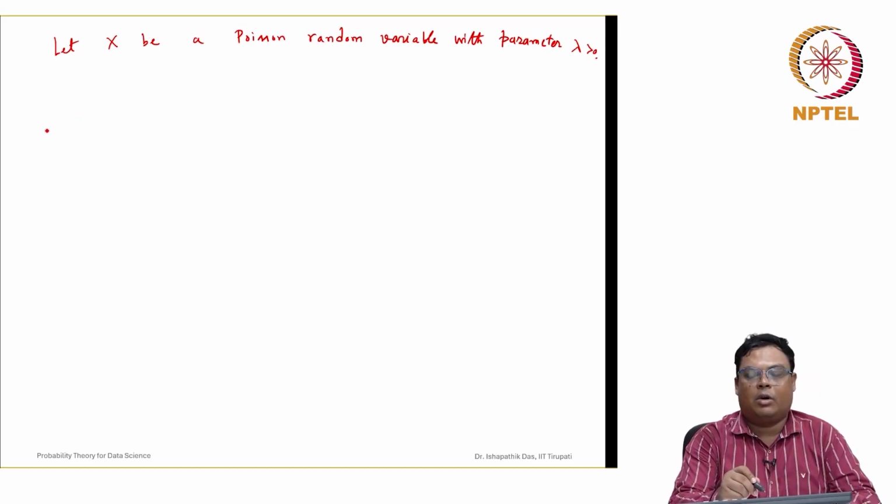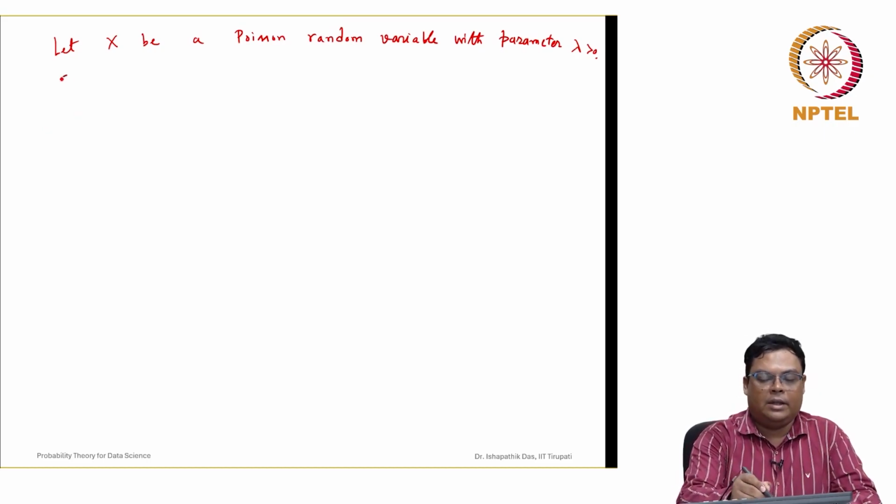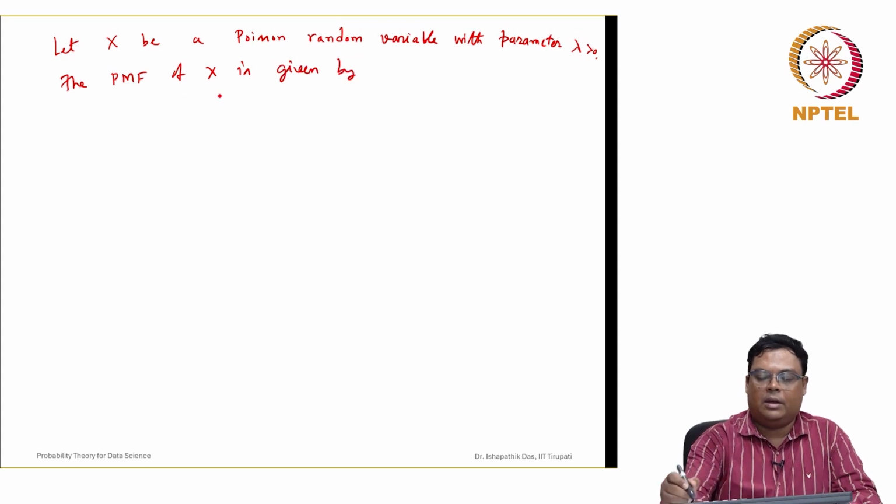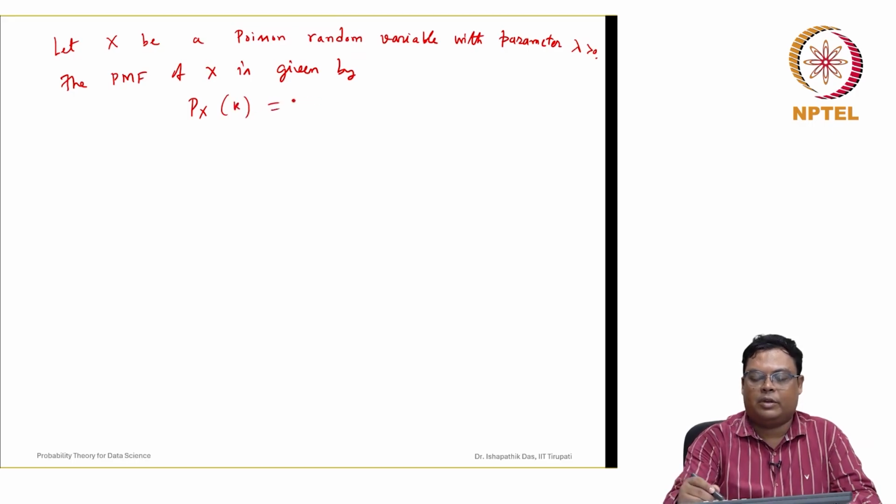The probability mass function of X is given by P_X(k), for simplicity writing only k, because these are all integer values, equal to e to the power of minus lambda times lambda to the power k by k factorial, where k can take 0, 1, 2 and so on, and 0 otherwise.